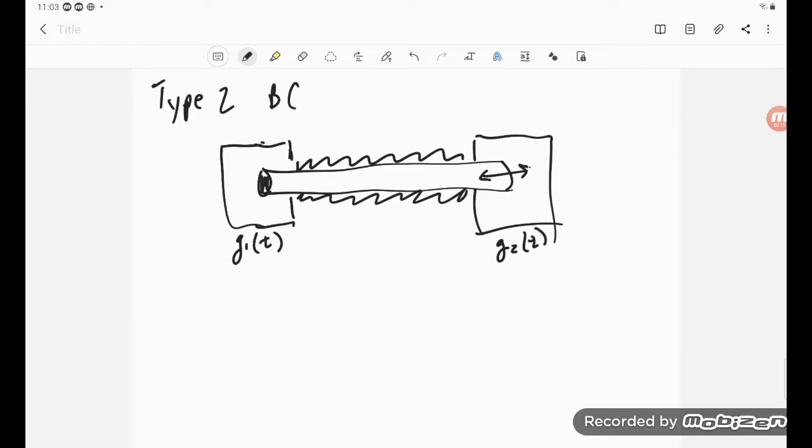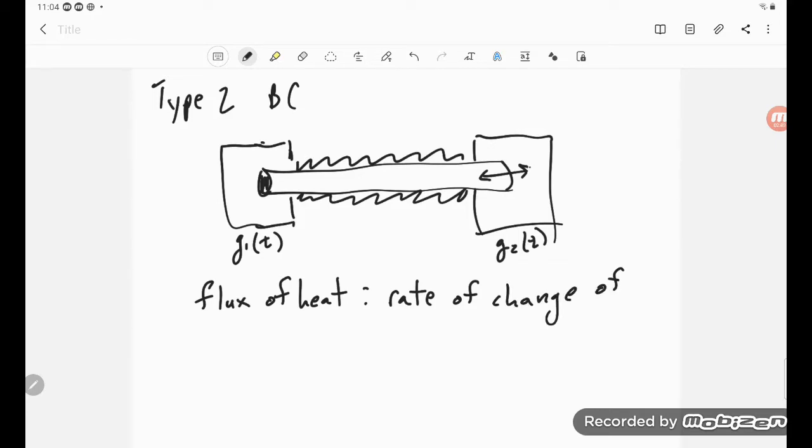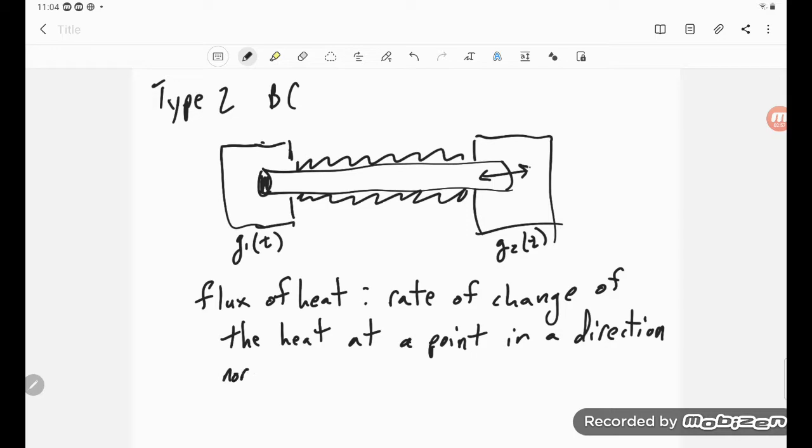Now they get into all this stuff about flux and so forth. Now flux, the flux of heat, is simply the rate of change of the heat at a point in a direction normal to the surface where the heat changes.